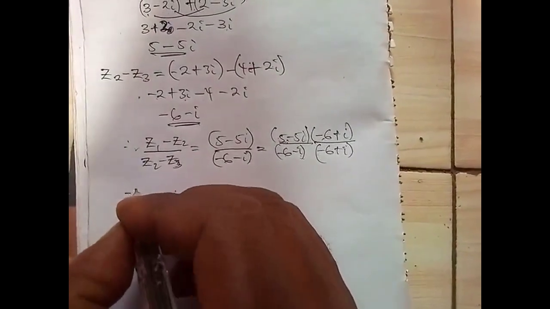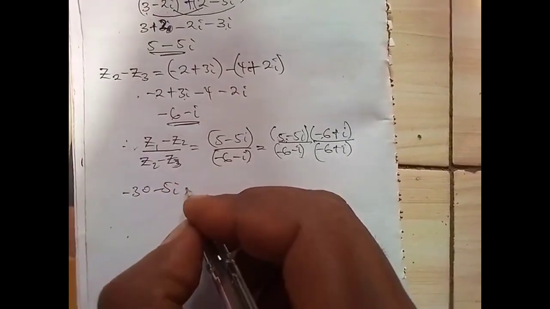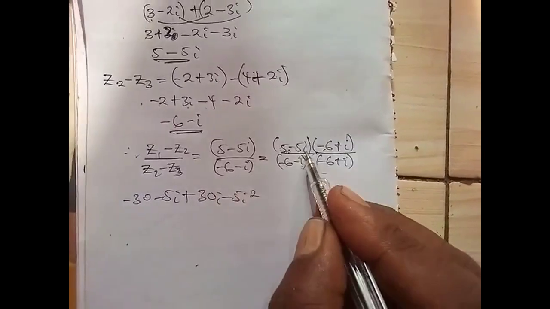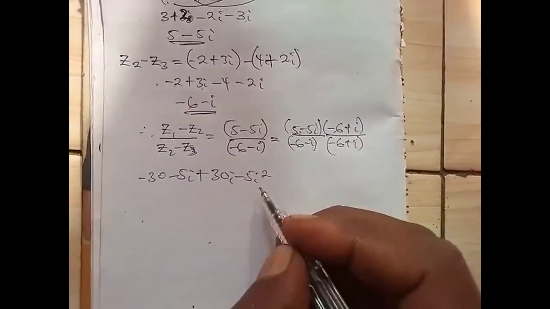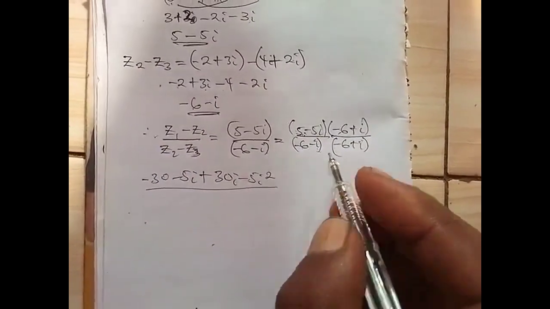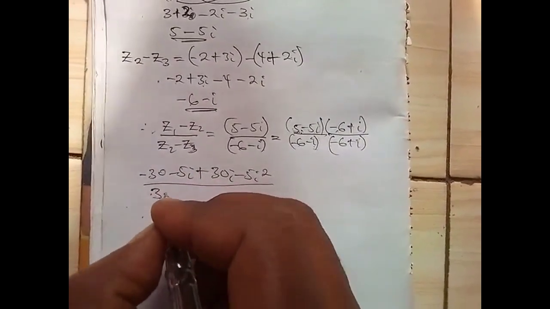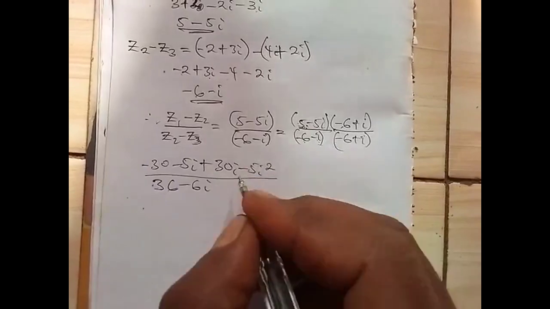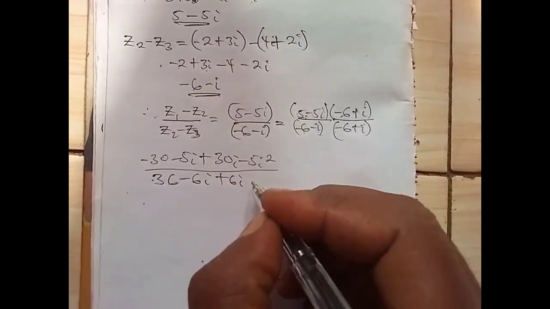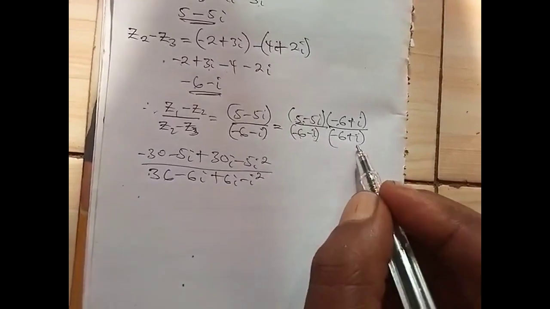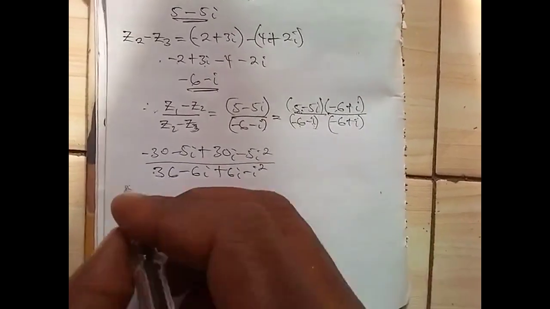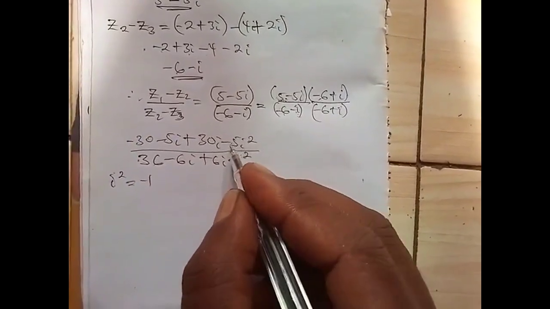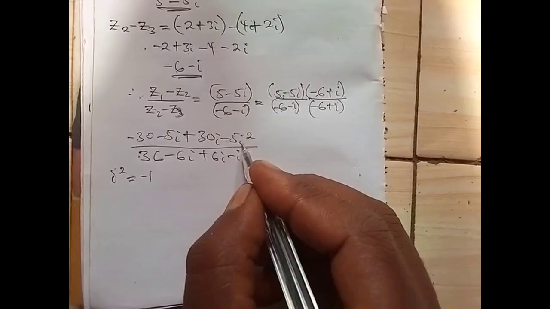What we'll have is minus 30 minus 5i plus 30i minus 5i squared, because 5i times i gives 5i squared, over 6 times 6 is 36, minus 6i plus 6i, then minus i squared. Remember that i squared equals minus 1, so minus 5 times minus 1 gives us plus 5.